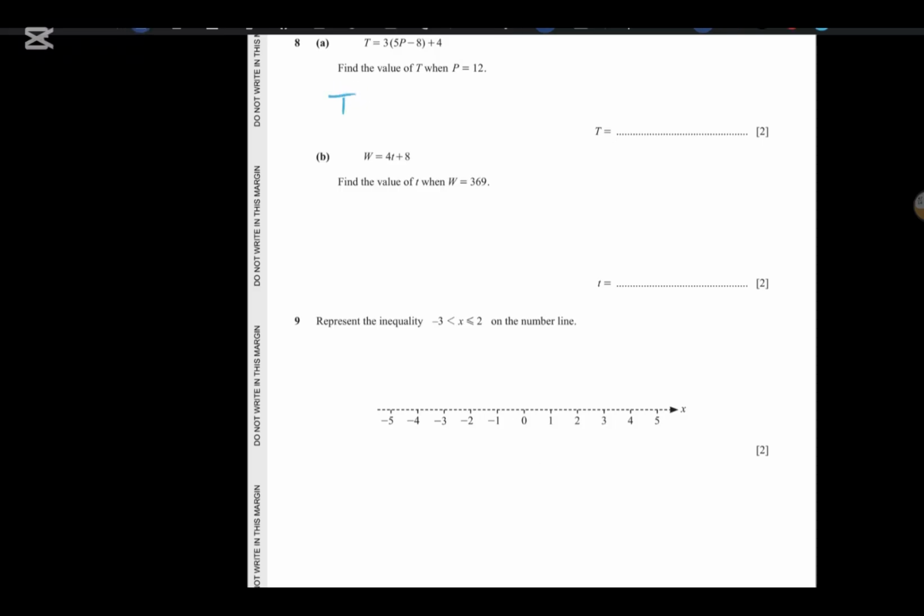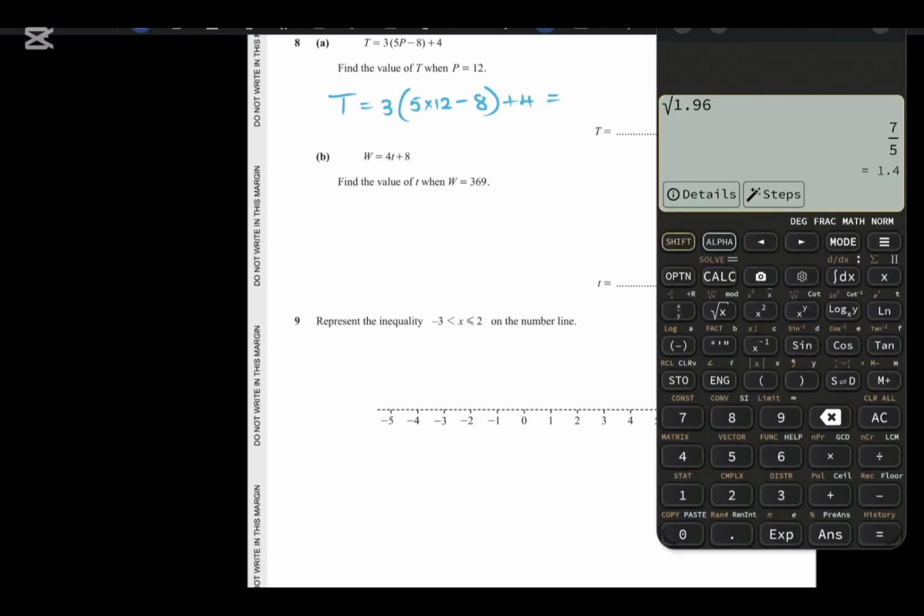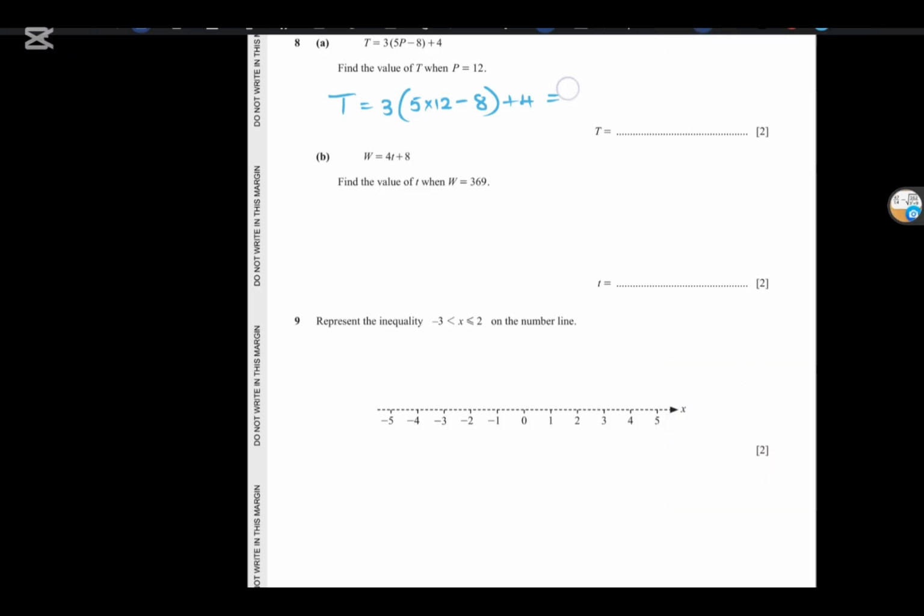Keep t here, and in place of p, write 12. The 3 and 5 stay as they are, then 12 minus 8 plus 4. 3 into 5 into 12 minus 8, close the bracket, plus 4 is equal to 160. So the answer is 160.